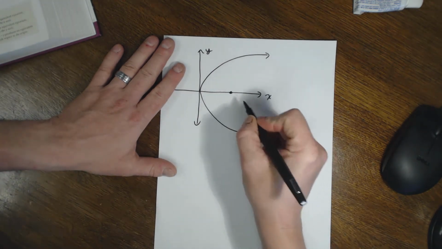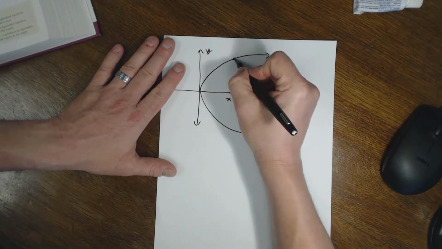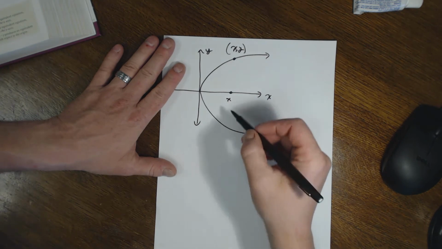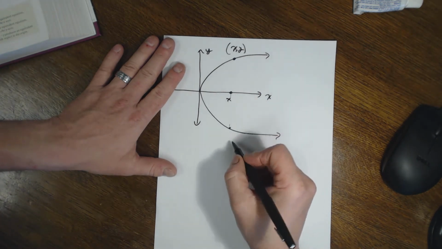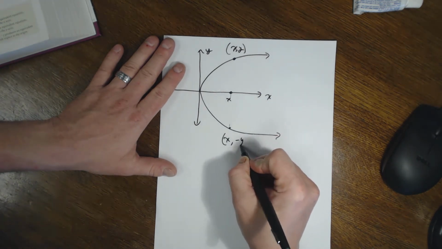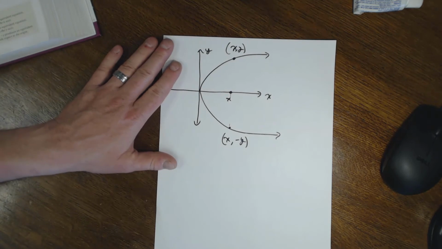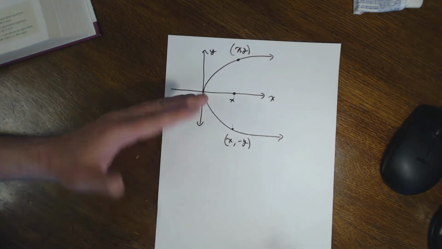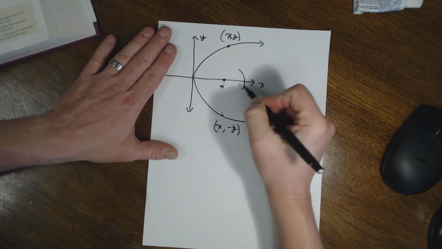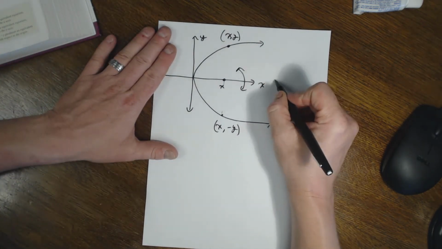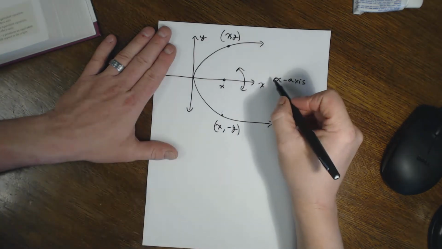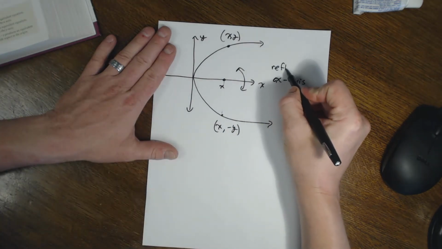If I take any coordinate point, let's call this x, y up here, this would have the same x, but the opposite y value. And if this is true for all x's that I have in this figure, then I would say that this has symmetry over the x-axis. In fact, it's a reflection over the x-axis.